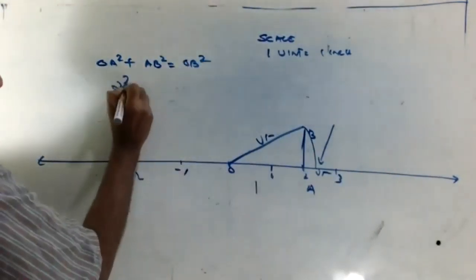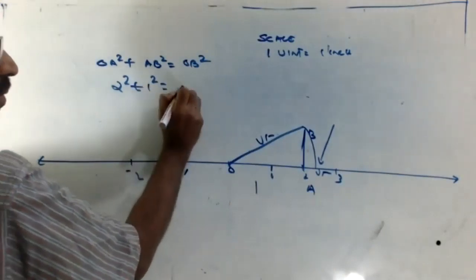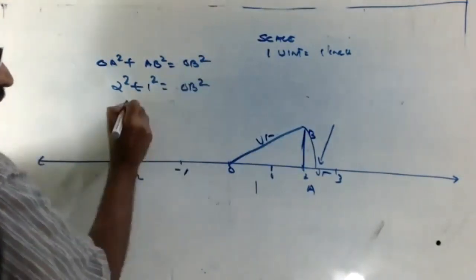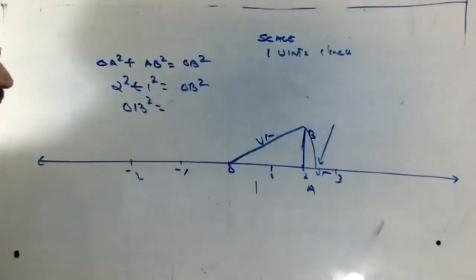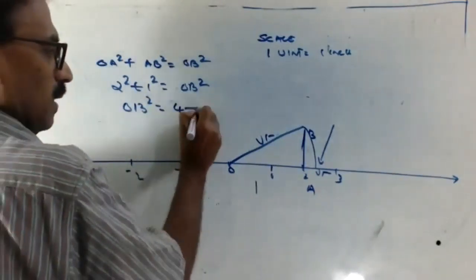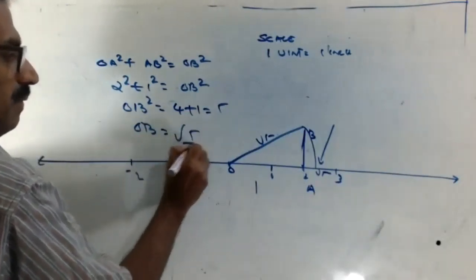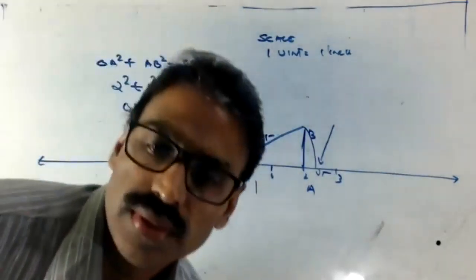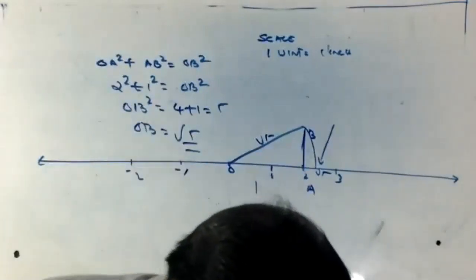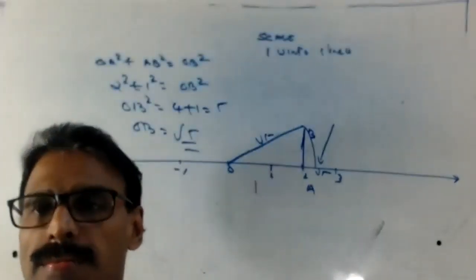So 2 square plus 1 square equal to OB square. Therefore, OB square equal to 4 plus 1 equal to 5. So OB equal to root 5. Okay. Are you okay now?